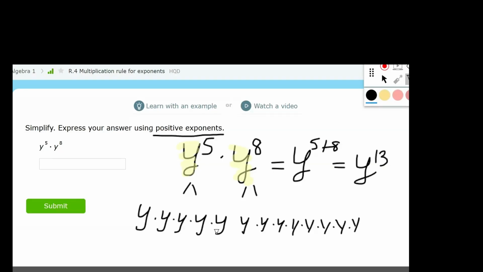And how many y's do we have here? If you count them up, 1, 2, 3, 4, 5, 6, 7, 8, 9, 10, 11, 12, 13, you get y to the 13th. So that's the reason why when you multiply exponents with the same base, you just add them.